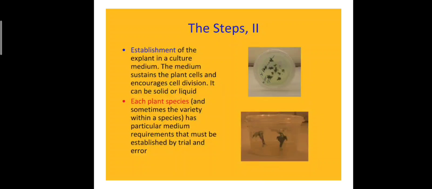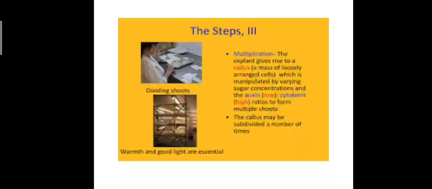We transfer the initiated tissues, or it may be the callus, to a new or fresh medium. Otherwise the nutrients will be depleted in that culture vial, and toxic metabolites accumulate, which is toxic to the plant and may ultimately lead to the death of the tissue. So we have to transfer the tissues continuously, within a period of 4 weeks, to a fresh culture vial. That step is called subculturing.